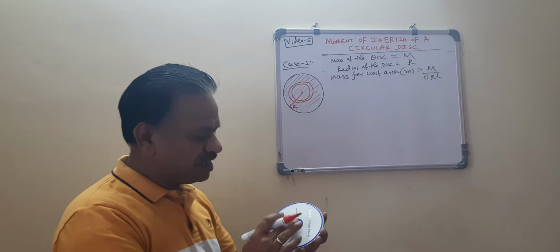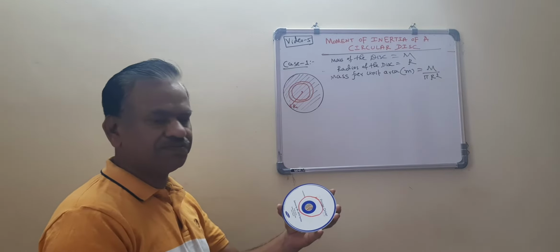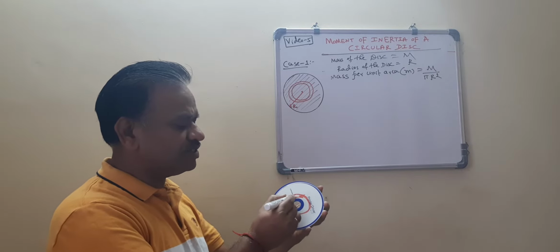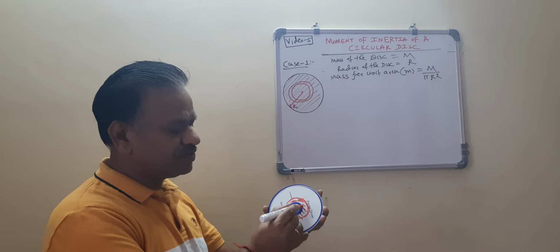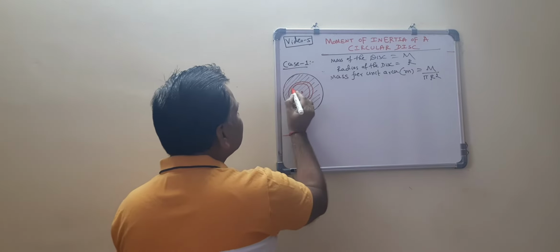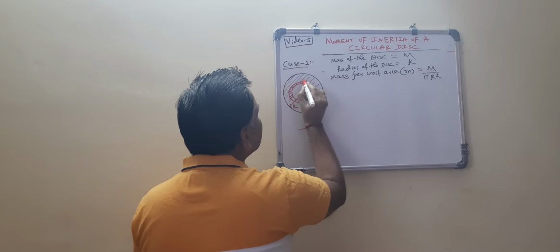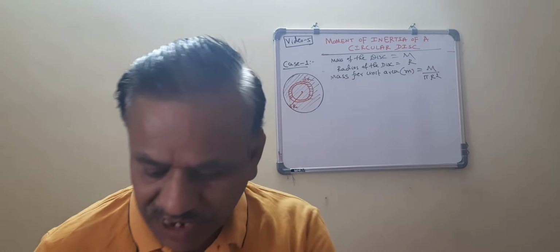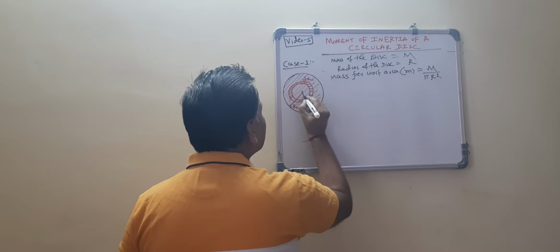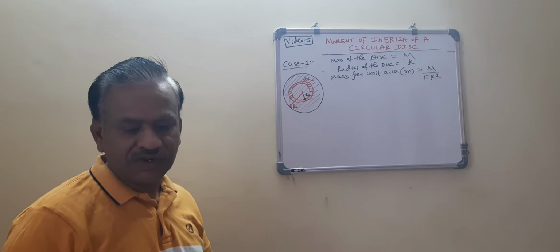When I consider only the small part, the mass I have to consider comes only within this region. Its thickness is dx, and the radius is x. I think you understand.